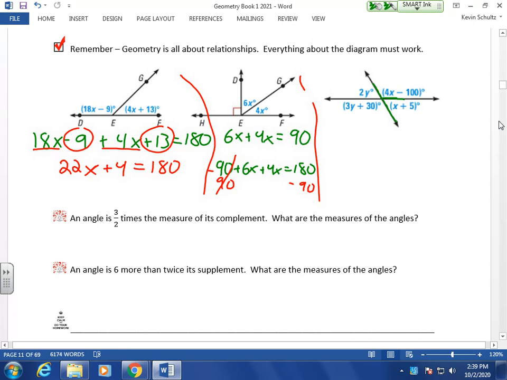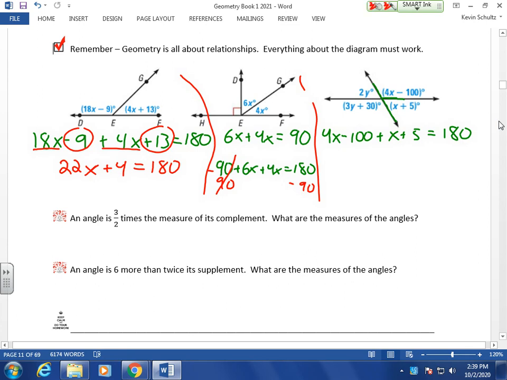So what we can say is that 4x minus 100 plus x plus 5 equals 180. A very similar situation to what we have over in the first one. It's just that the line they make isn't going directly horizontal. It's kind of diagonal, but they do still make that line.